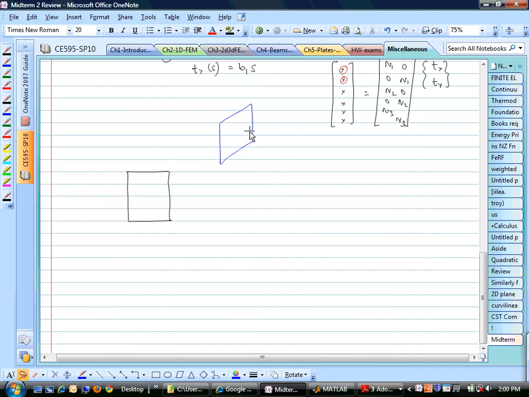Point-wise, if you have a square plate and you deform that, you can imagine that the stress and the strain at different points within this actual element will be the same.